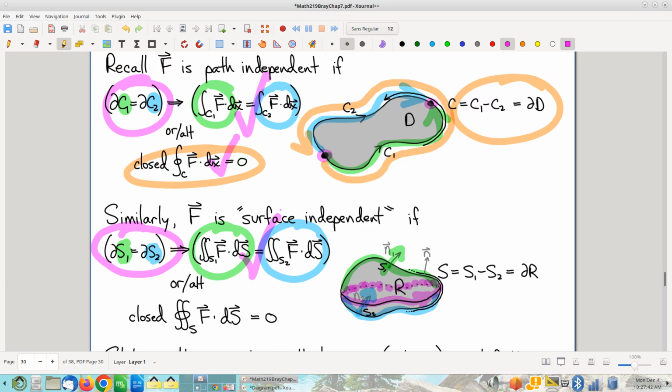But other than that, totally different surfaces, and yet I'm claiming that they'll always have the same fluxes. Kind of an outrageous suggestion that a vector field could exist that does this. But we will find, momentarily, that there's a whole category of vector fields that have this feature of surface independence.